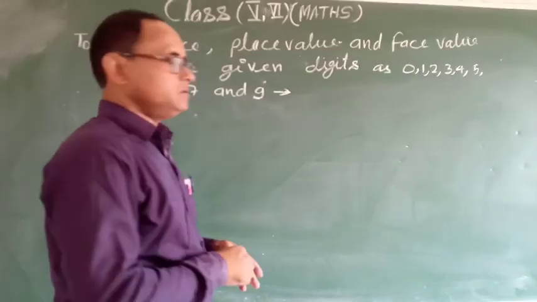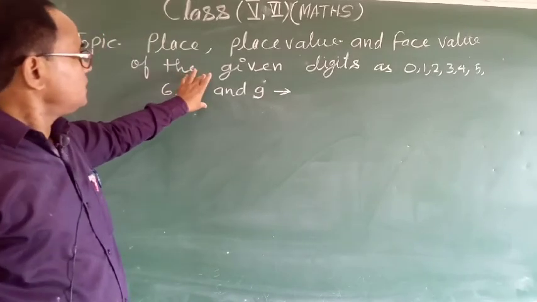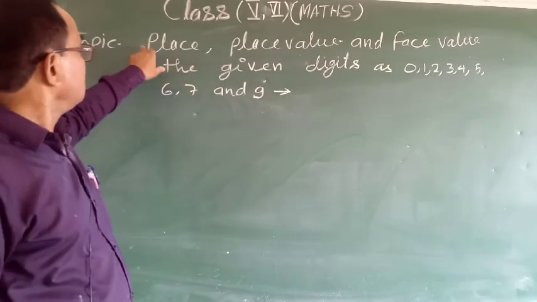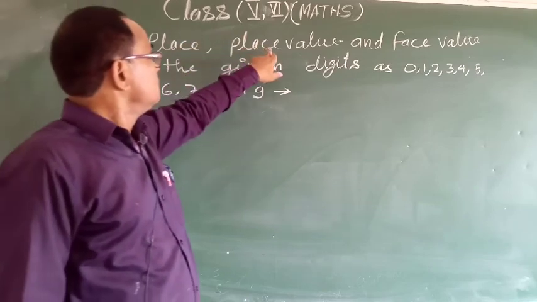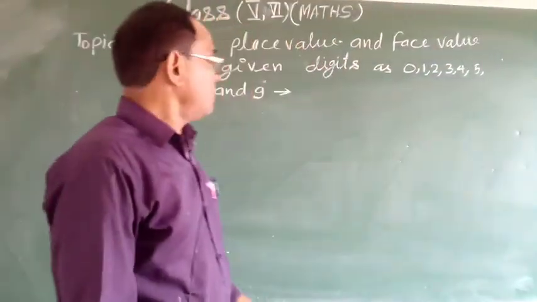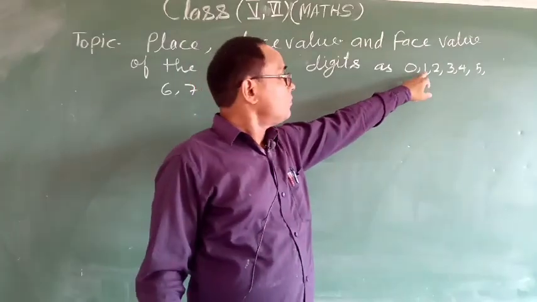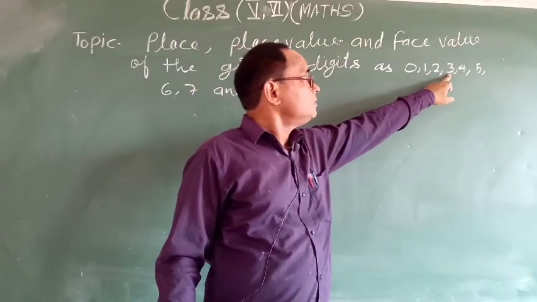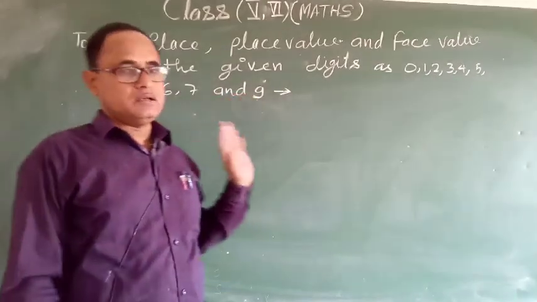Good students, today I will teach you about place values and face value of the given digits as 0, 1, 2, 3, 4, 5, 6, 7, 8 and 9.